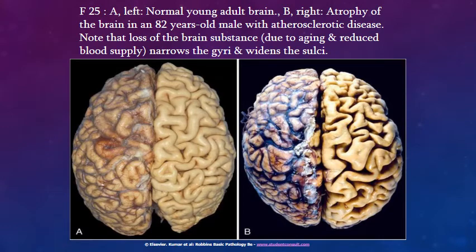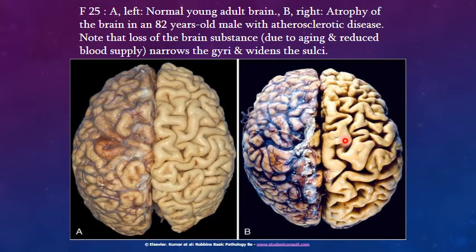Here we come to the normal young adult brain. This is normal. Look at the sulci and gyri of the brain. And look here at the brain of the patient, 82 years old, with atherosclerosis. Atherosclerosis, as we discussed in the previous slides, is when there is a diminished blood supply to the organ.